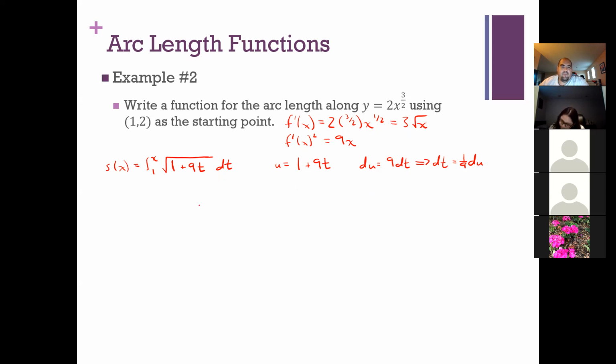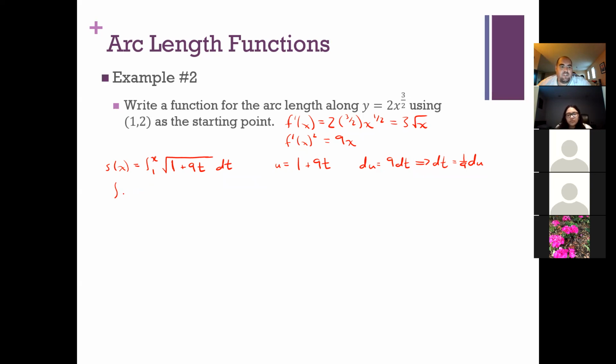And for now, what I recommend we do is let's treat this as an indefinite integral, just because our upper limit is already unknown. It's already a variable, so I recommend just doing this as an indefinite integral and then back substituting.